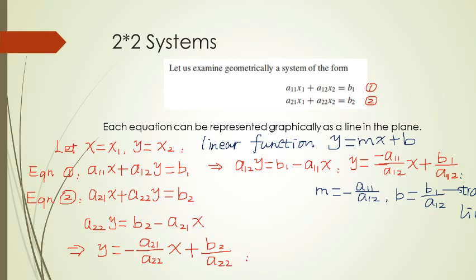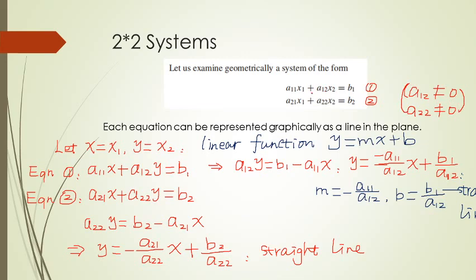It's also a straight line. What are the slope and intercept? The slope is minus A21 over A22, and the intercept is B2 over A22. Of course, here we will assume A12 not equal to 0 and A22 not equal to 0.